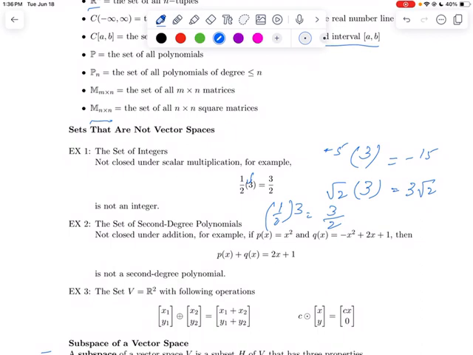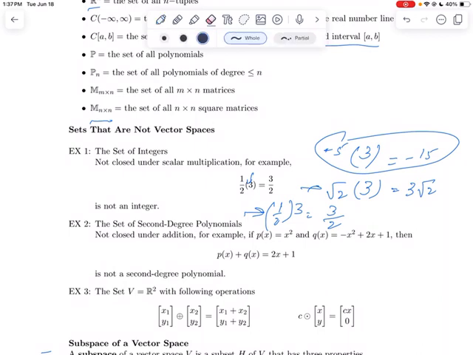Here, for example, I gave you two examples where it doesn't work, and this one is the one where it worked. It's not that it will not work with every vector; it might work for most of them. Maybe it doesn't work for just one. Still, it's not a vector space, even if one vector fails.